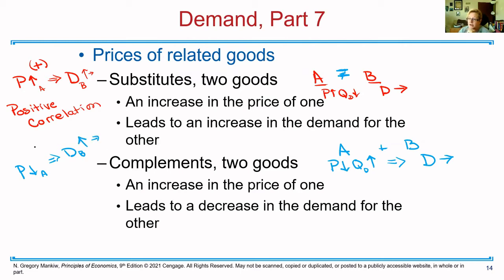Here we see they are negatively correlated. And we want to note that because, again, we're going to be working with some stuff later on, and we're going to need to mathematically prove whether it's a complement or a substitute.